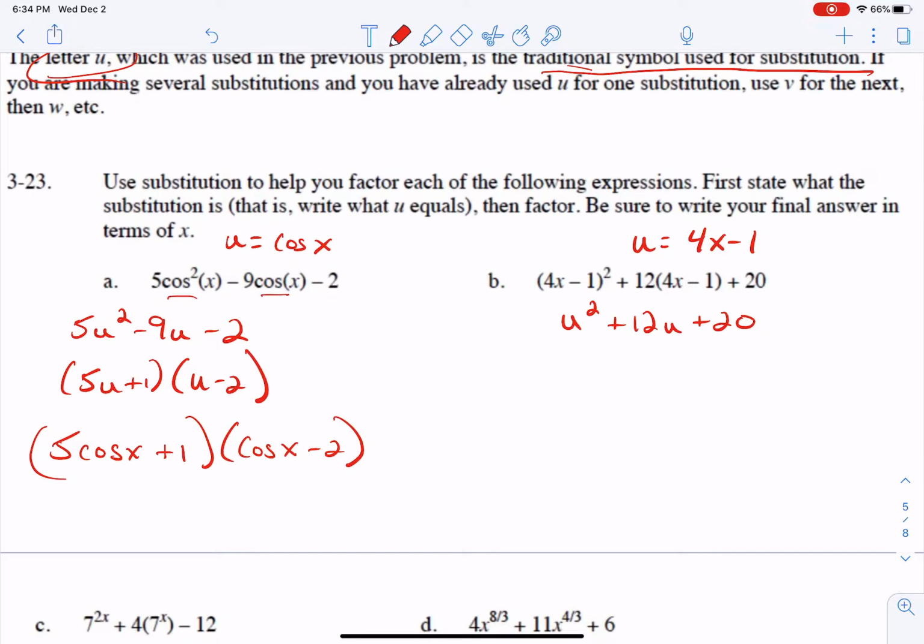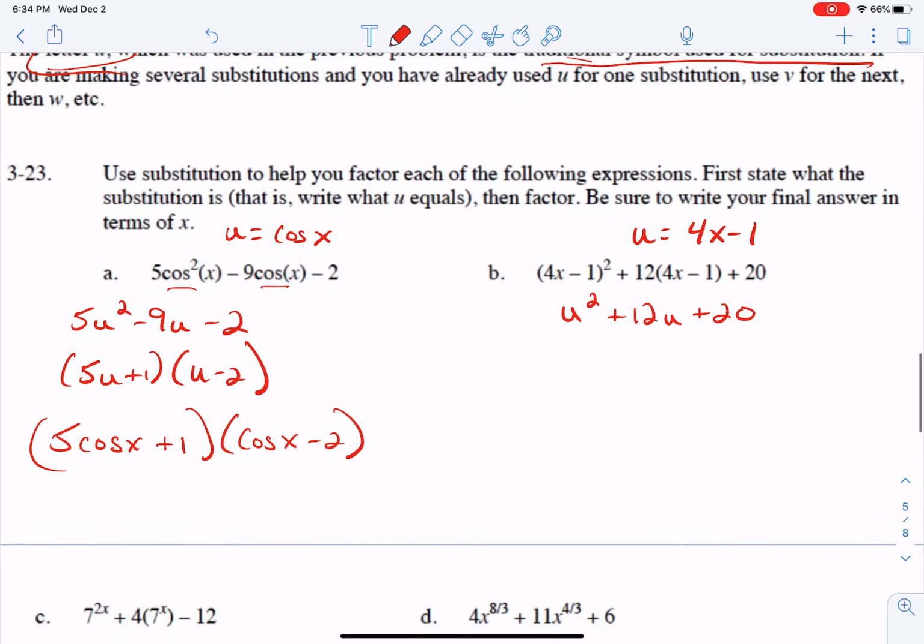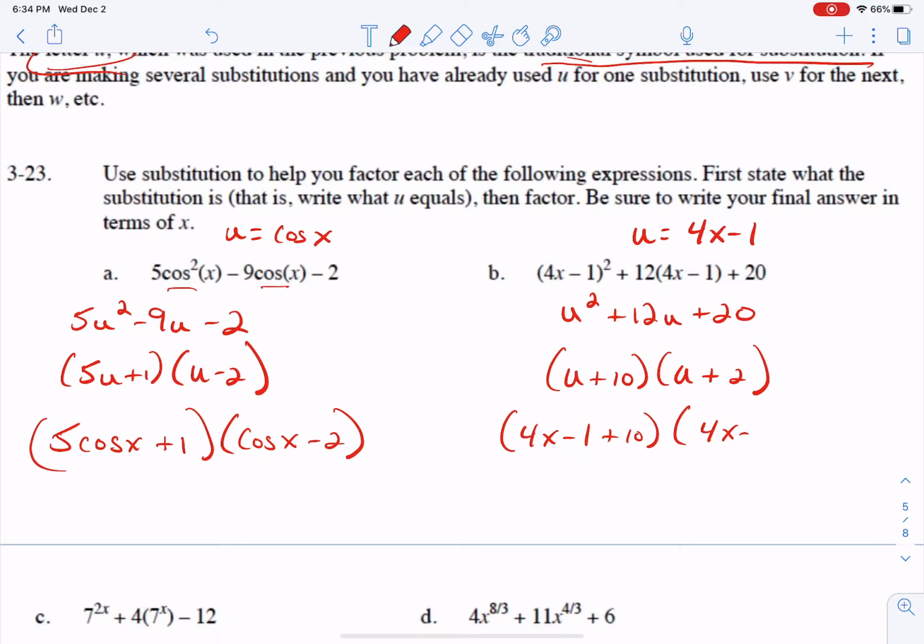Now I've got a simple quadratic to factor. u plus 10 times u plus 2. So plugging in my value for u, I have 4x minus 1 plus 10 and 4x minus 1 plus 2, which simplifies to be 4x plus 9 times 4x plus 1.